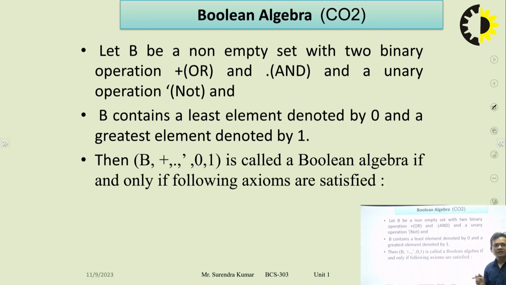B contains a least element denoted by 0 and a greatest element denoted by 1. You can represent Boolean algebra as B, comma, plus for the or operation, dot for the and operation, and bar for negation, the not operation. 0 and 1 are the values used to represent Boolean truth values.